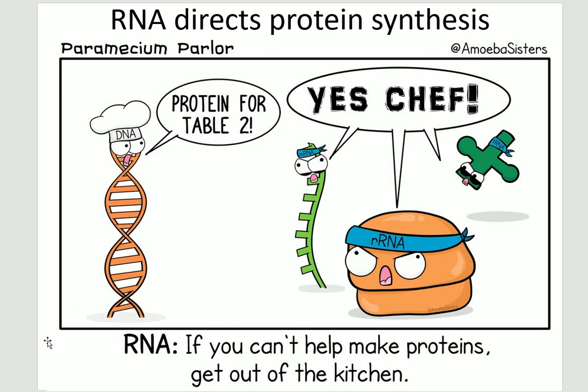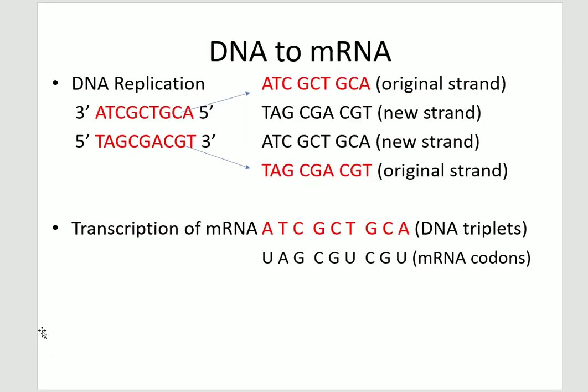So I got a little ahead of myself. Okay, so here we go. So DNA triplets and mRNA codons. So we're at transcription of mRNA. These mRNA codons have come in to pair with the DNA triplets. All right, so mRNA is the UAG, CGU, CGU.